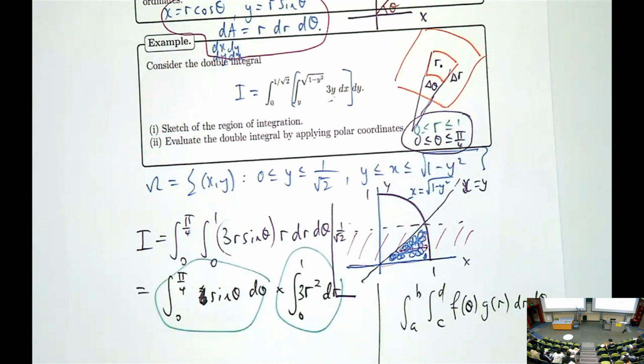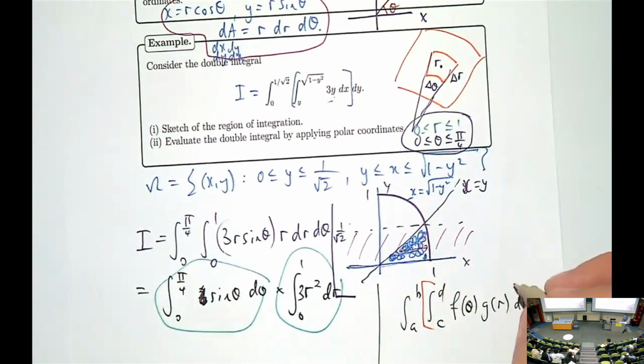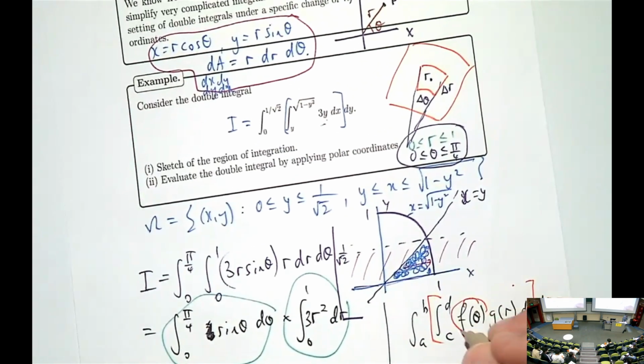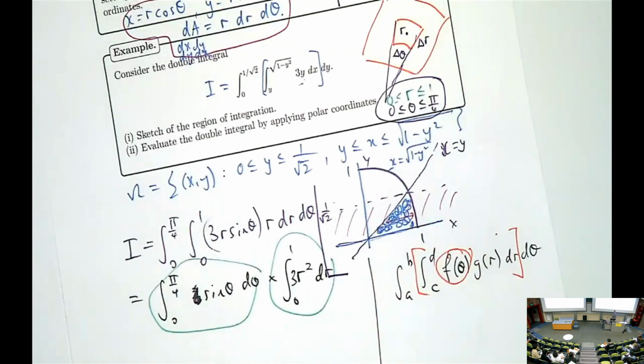And I'm integrating with respect to r on the first one. Let's just draw in the brackets and see what happens. Does that affect the integral with respect to r? It can't. It doesn't depend on r at all.